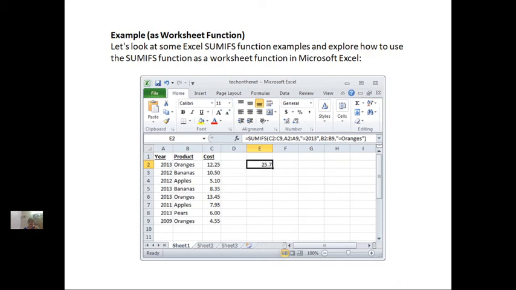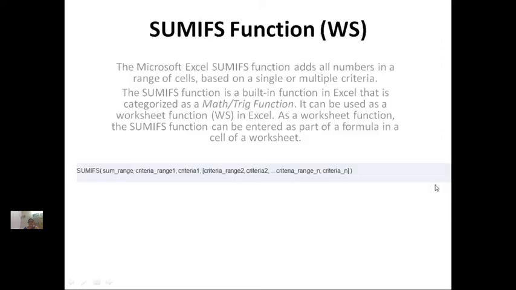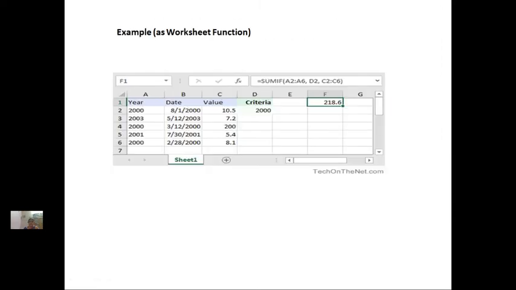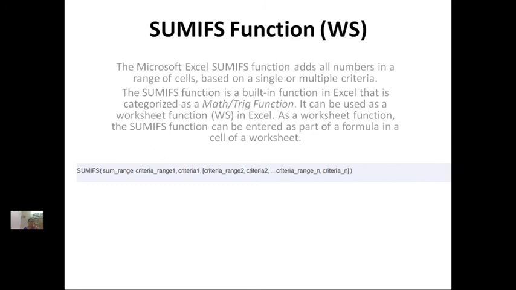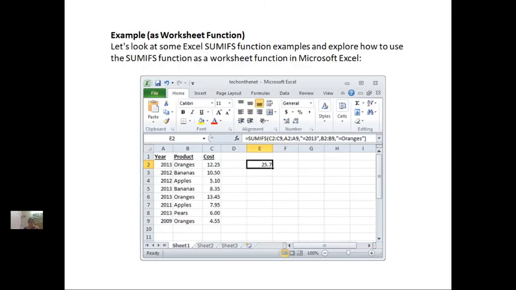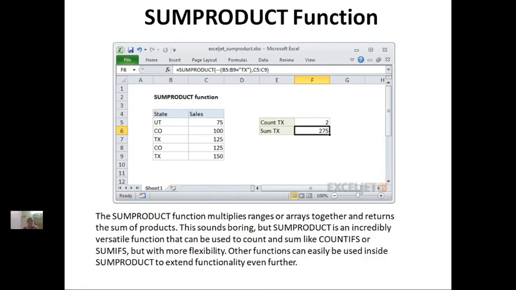So this is the SUMIFS function. Here multiple conditions are used for generating the sum of values. Before, in the SUMIF function, only one criteria is taken, but in the SUMIFS function multiple criteria are taken for getting the output.